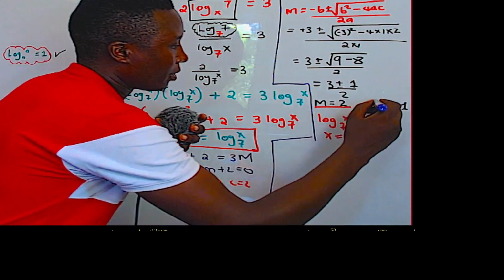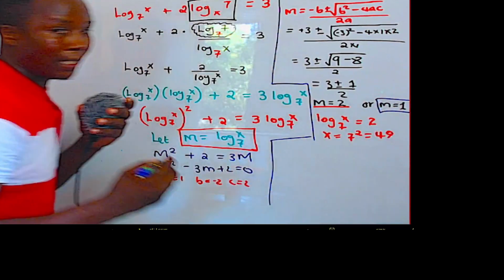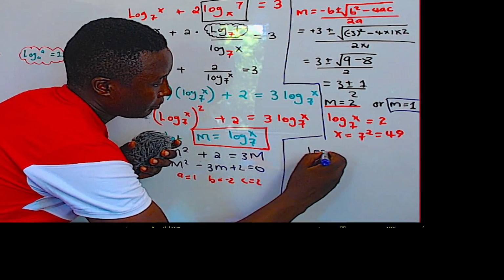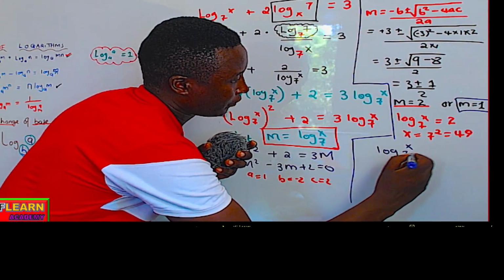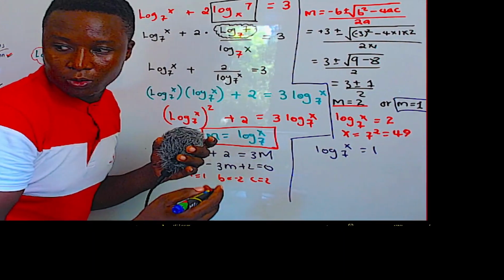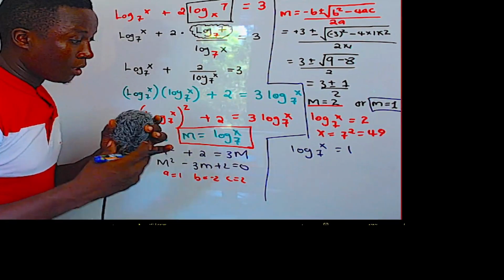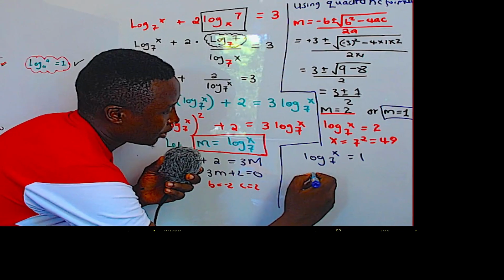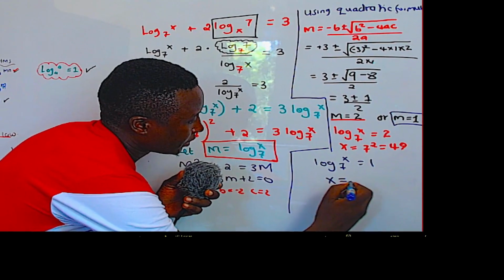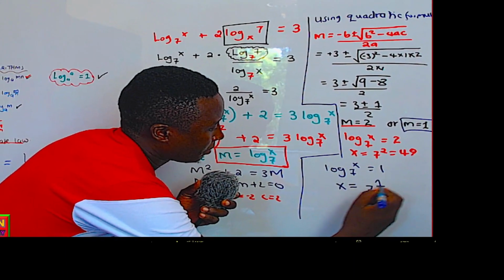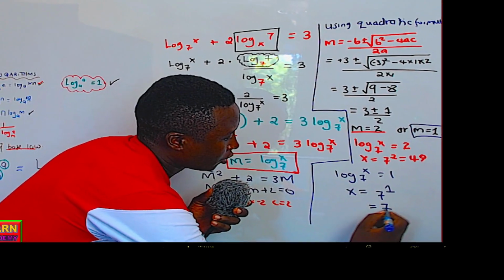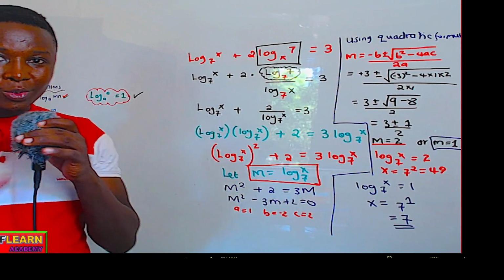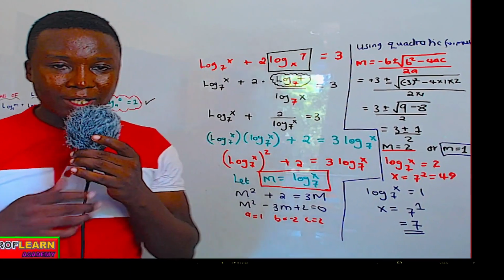And when m is equal to 1, we are going to say this is log x base 7 equals 1. So which will mean that we raise this by 1 in index notation. That's going to be x is equal to 7 raised to power 1, and our x is going to be equal to 7. So these are the two answers you are going to get.